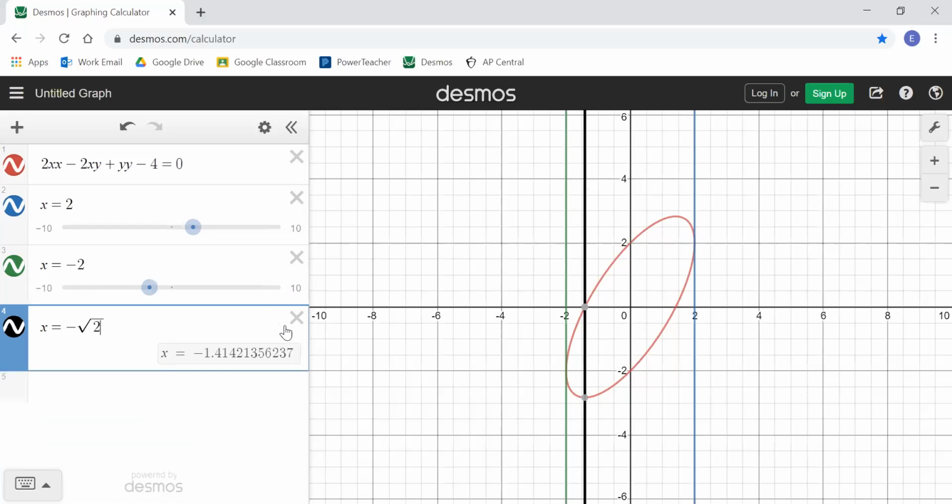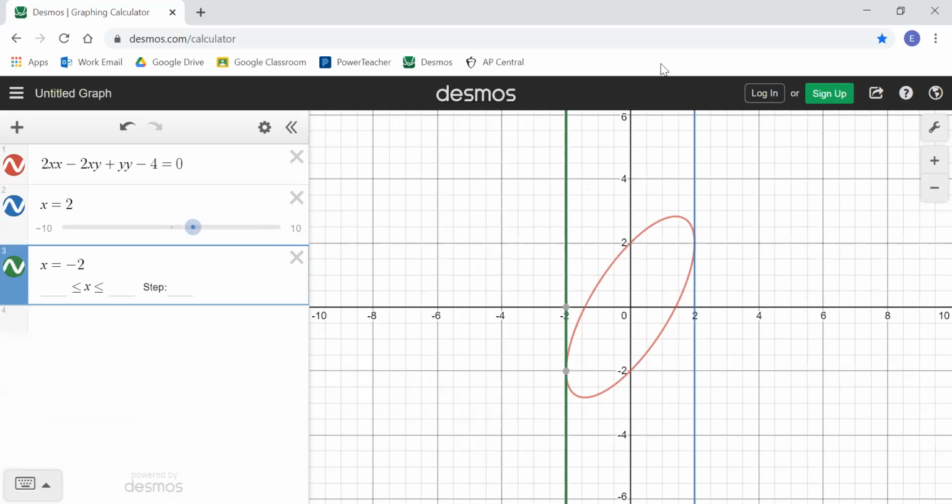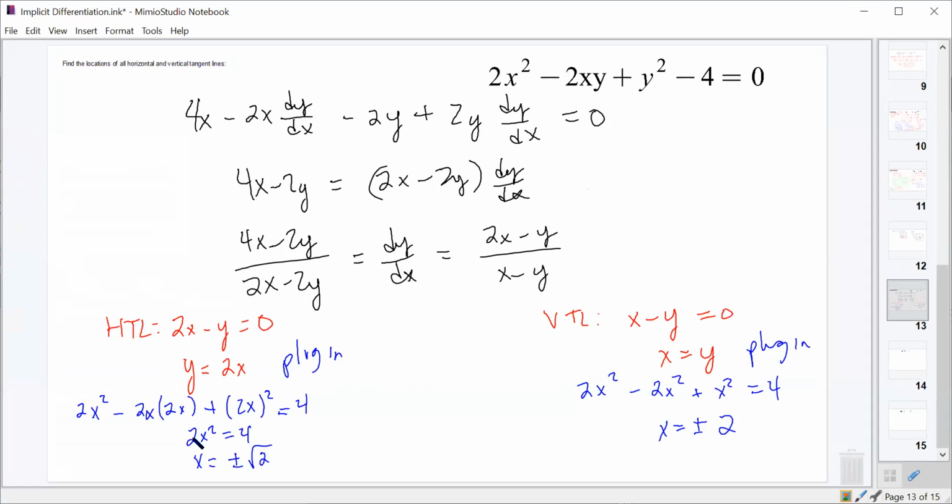If we wanted to figure out what those actual y values were for those, could we do that? I know it didn't ask us to, but could we? Yes. Yeah, we definitely could. How could we do it? Plug in both of those x's. Where would we plug in x equals root 2 and negative root 2?